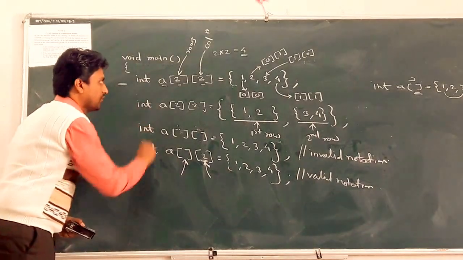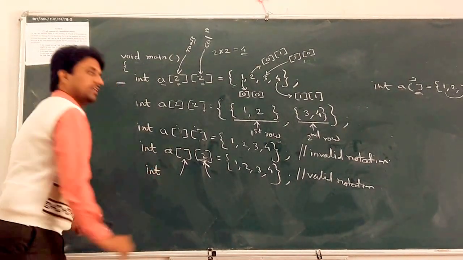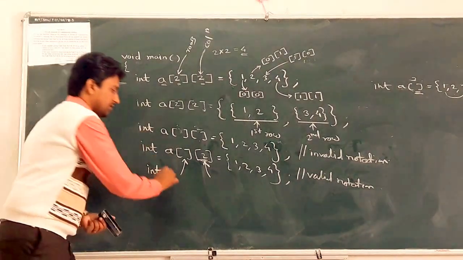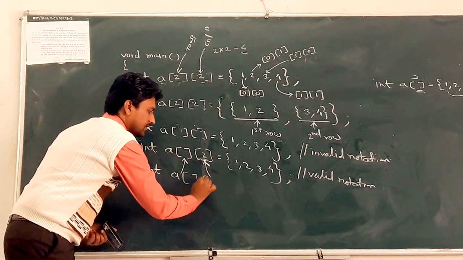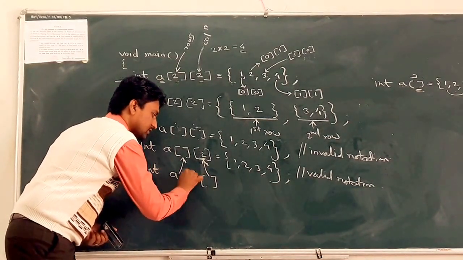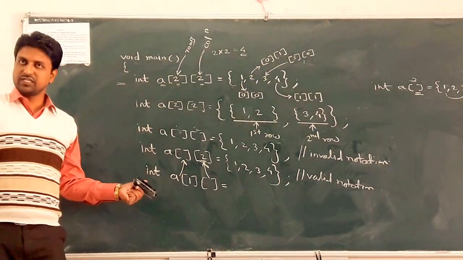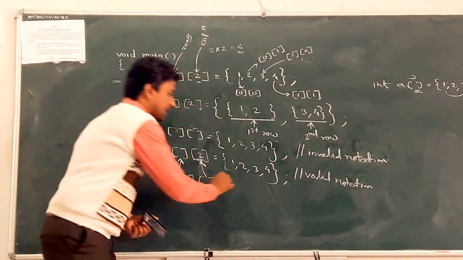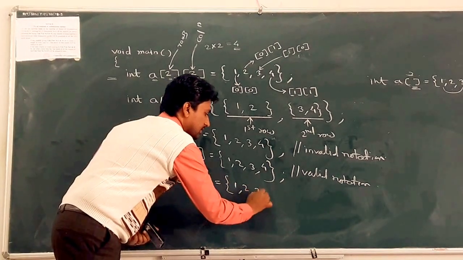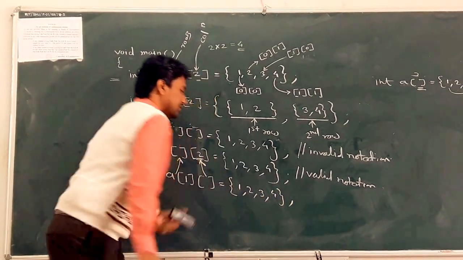Okay. So the fifth way of initialization of two-dimensional arrays: you give the size of the first subscript, that is the number of rows, and initialize the array.